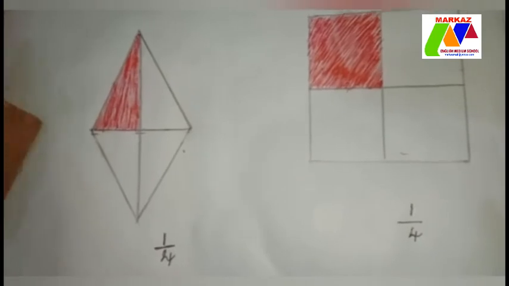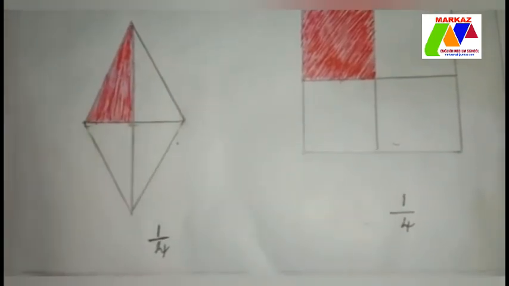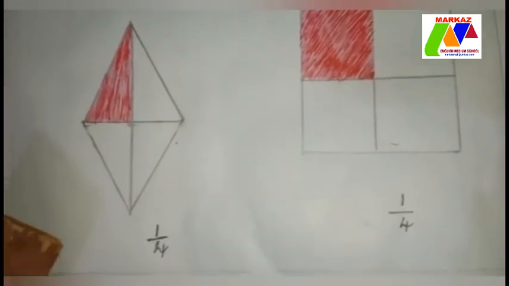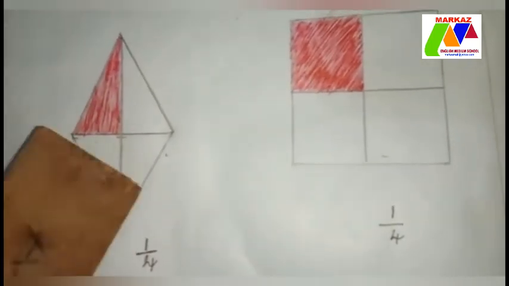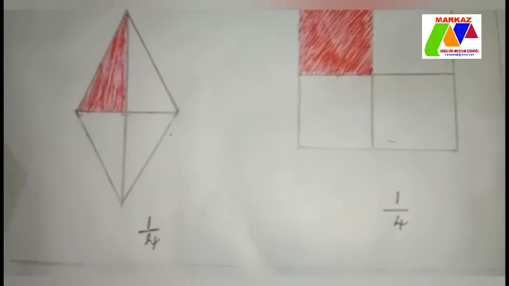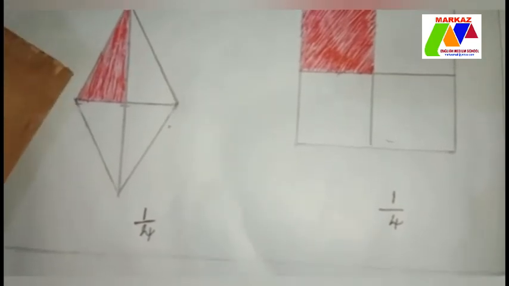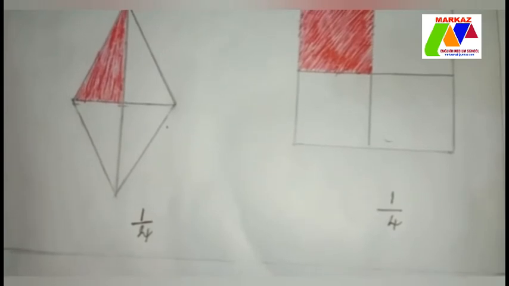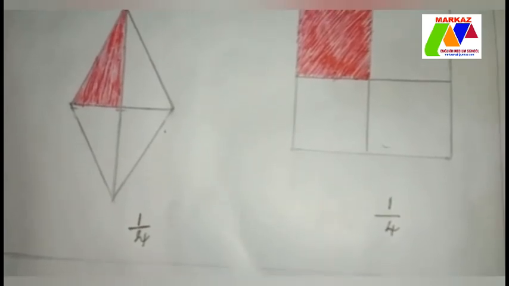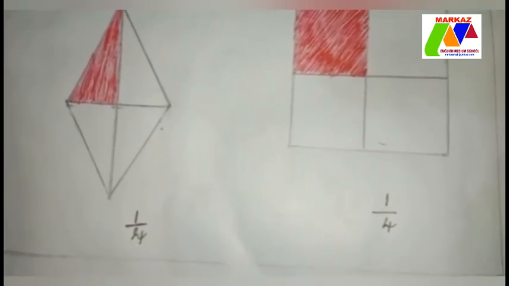Children, what is this colored portion? This diamond shape is divided into 4 equal parts. 1, 2, 3, 4. And this colored portion is 1 out of these 4 equal parts. So, that is 1 by 4 or a quarter.